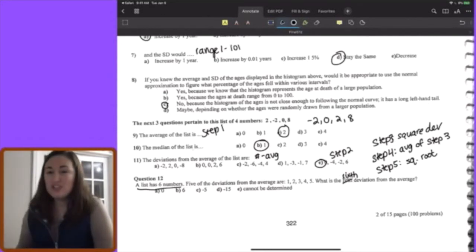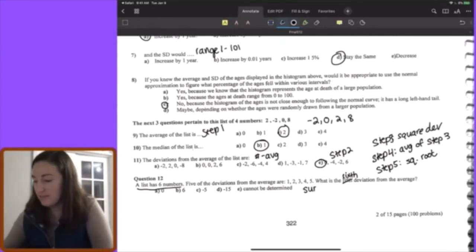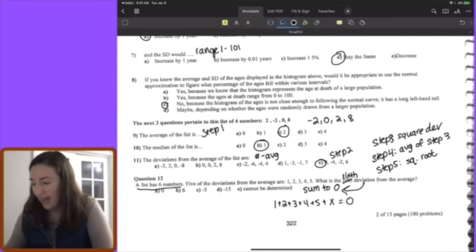But what I can do is think about the properties of deviations. There was one thing that always was true about them, and it's that they sum to 0. So I know if there are 6 numbers, if I add up all those deviations, I should get 0. Right now I know 5 of them are 1 plus 2 plus 3 plus 4 plus 5 plus, and then the 6th one, I'll just call it x, has to equal 0.